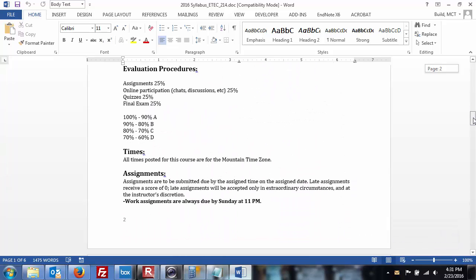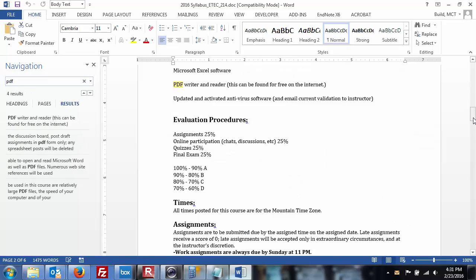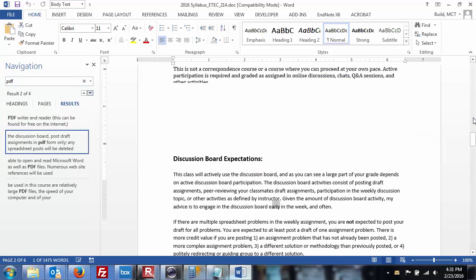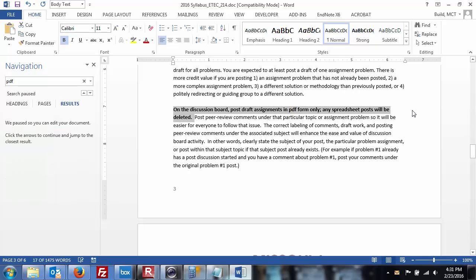On the discussion board, post draft assignments in PDF form only. So I'll let it slide this one time, but don't post your Excel spreadsheet.